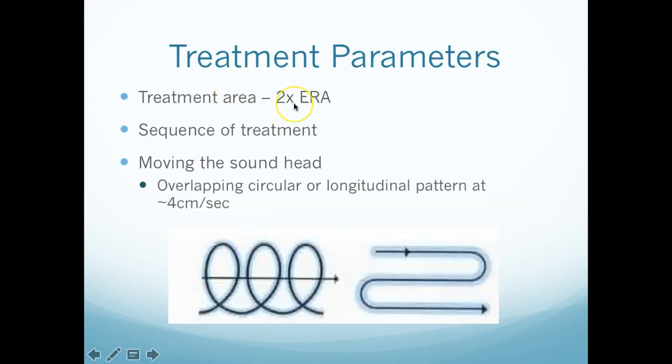So we talked about that you don't want to go more than 2 times that ERA, because it would just take you way too long. You're going to move that sound head in overlapping circular or longitudinal patterns, at about 4 centimeters per second. There is that study I was talking about from JOSPT in 2006.